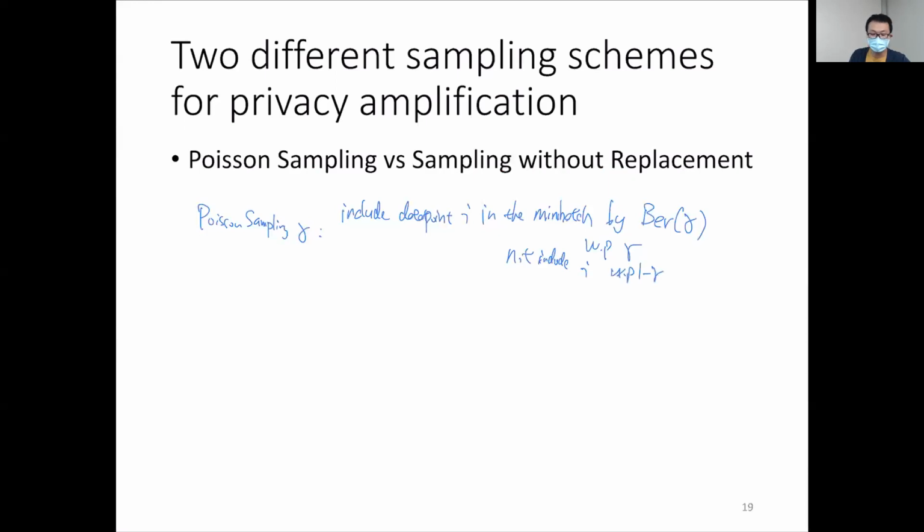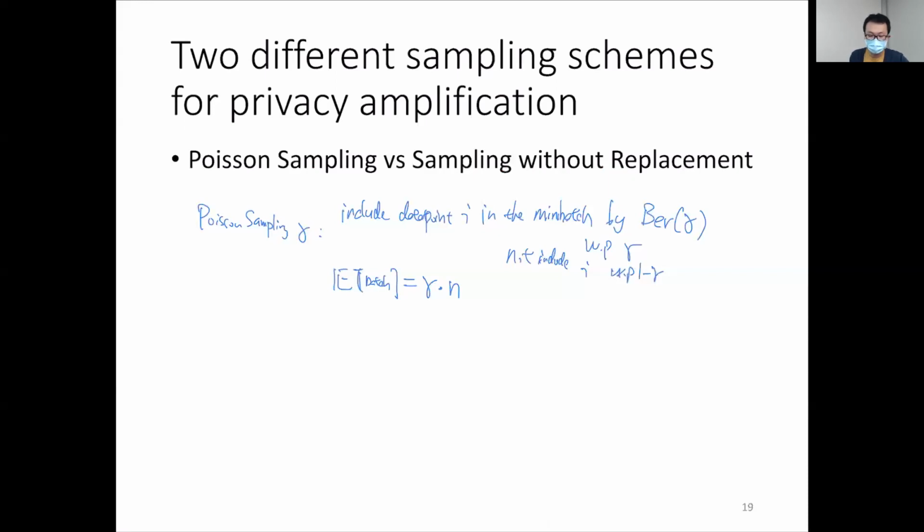The expected size of the mini batch is equal to gamma times n. But in reality, we can get anything between 0 and n, right?